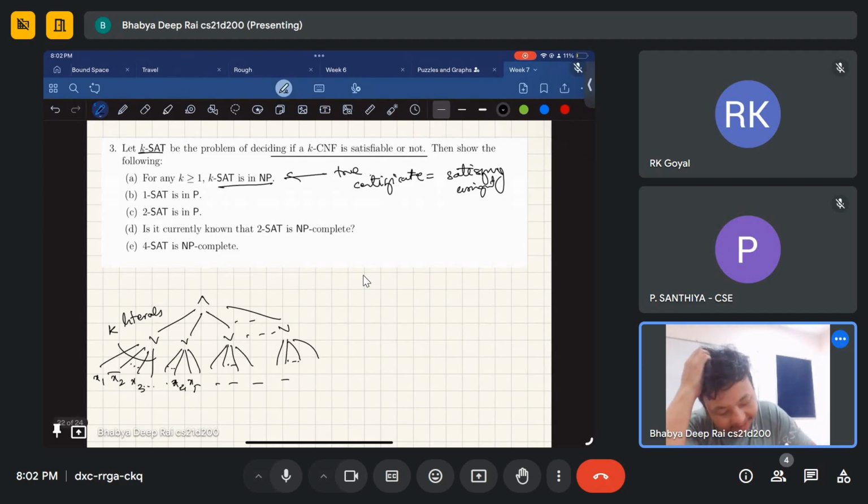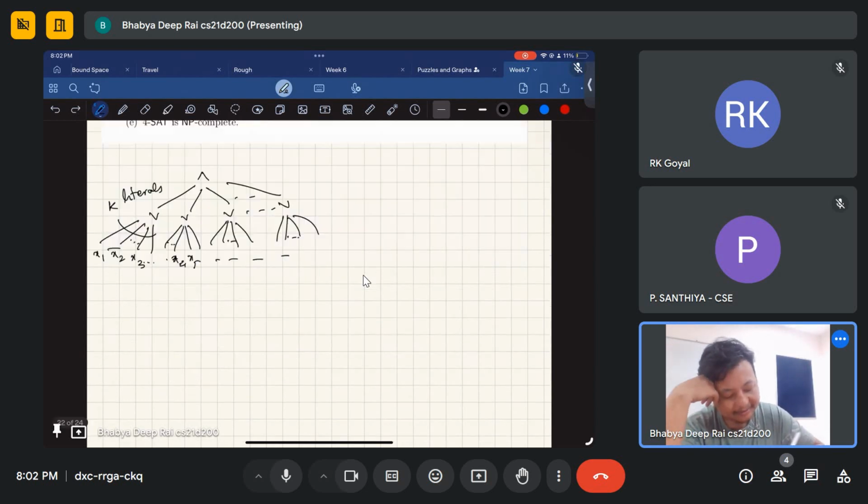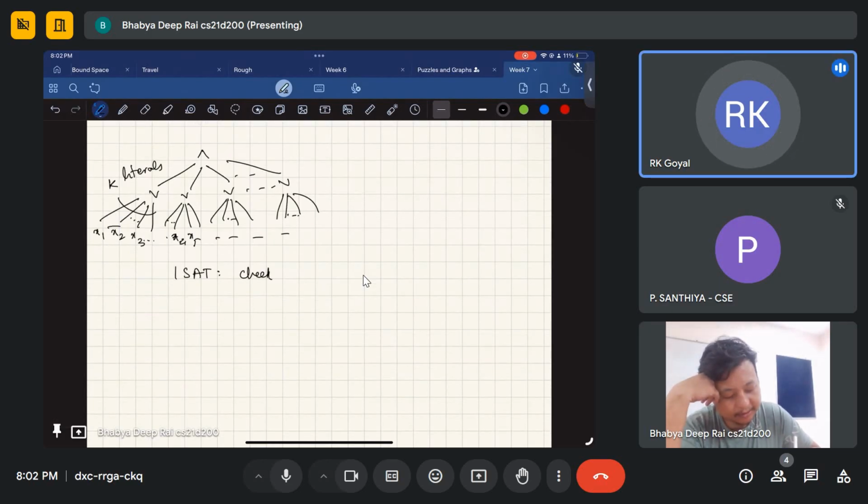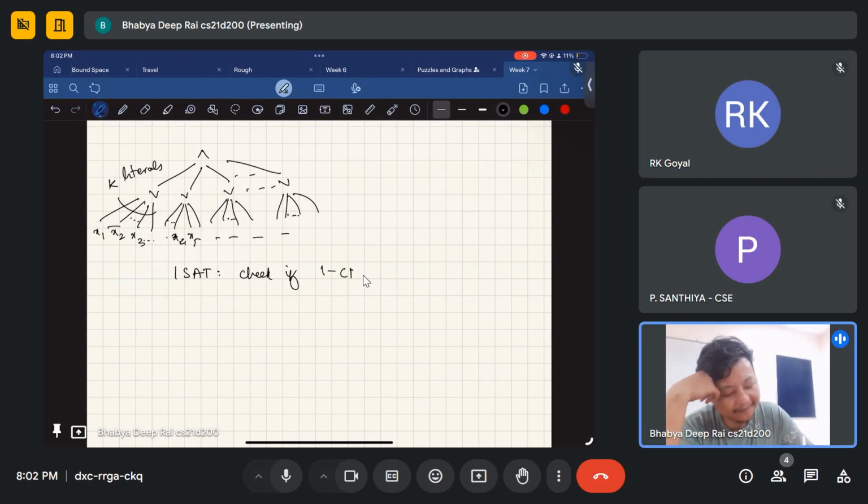Now show that 1 SAT is in P. Now what is 1 SAT? Every clause is having just one variable. Check if a 1 CNF is satisfied.